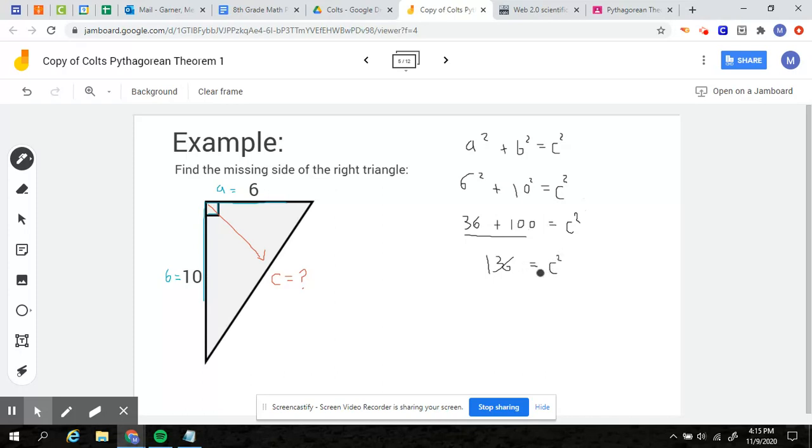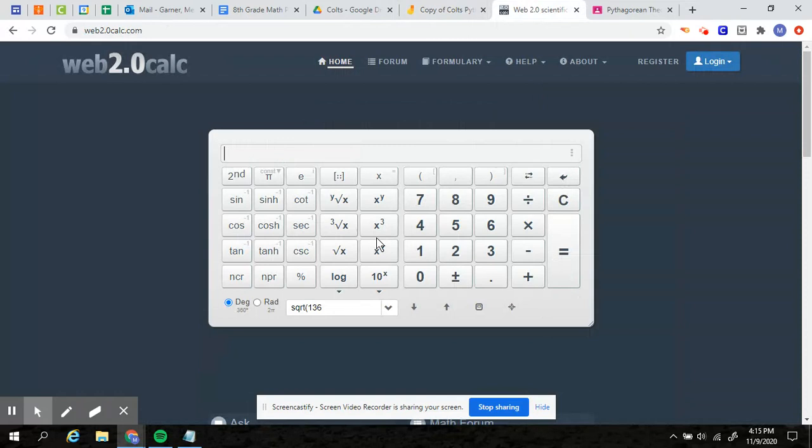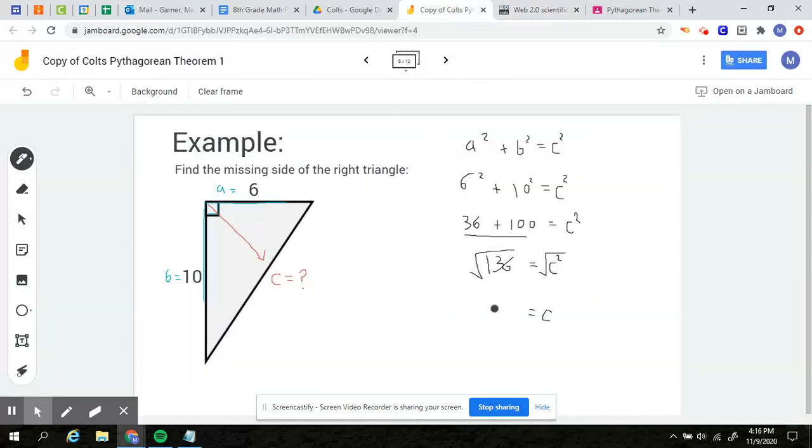And then remember, that last step is to do the inverse. The opposite or the inverse of a square is to take the square root. So I'm going to take the square root of 136, and this is one I need to do on the calculator. The square root of 136 equals 11 point, and then a huge long decimal. Remember, you can always stop after the thousandths place, so you can stop after 3 numbers after the decimal.